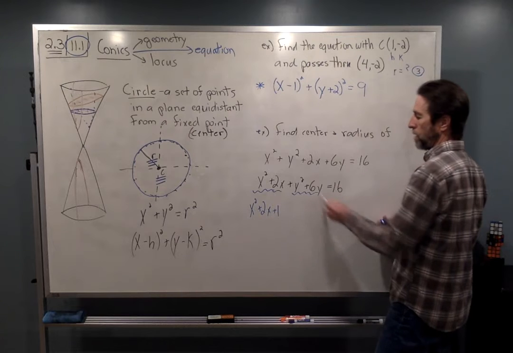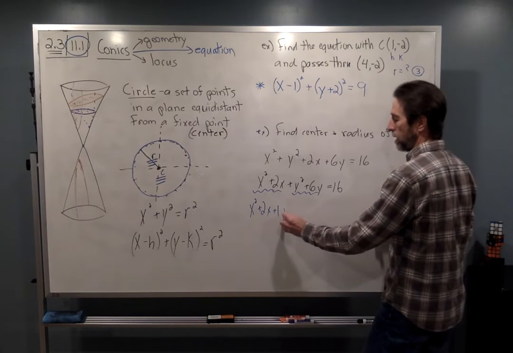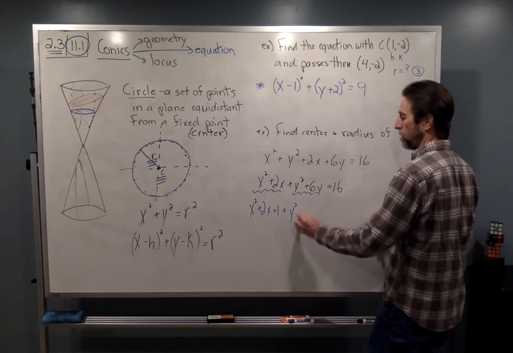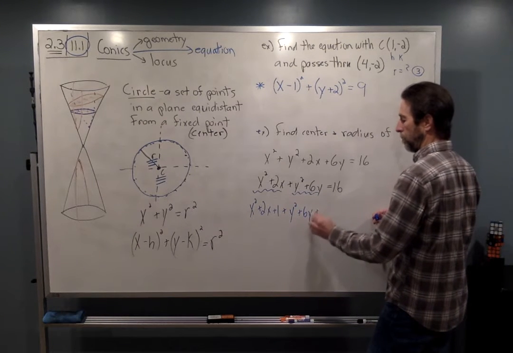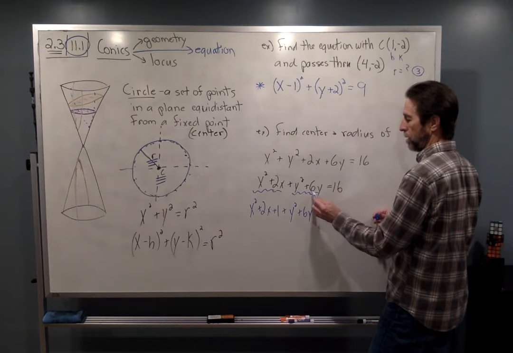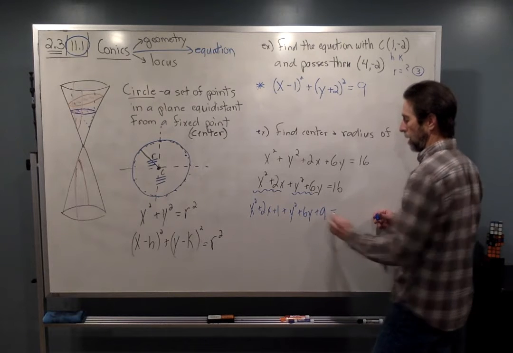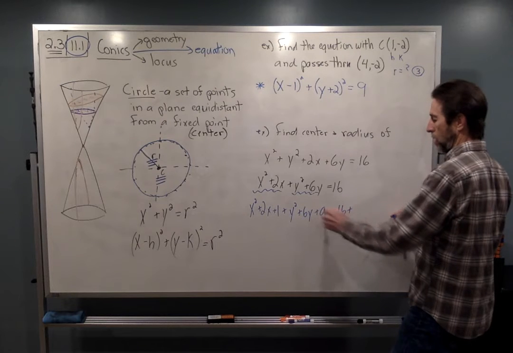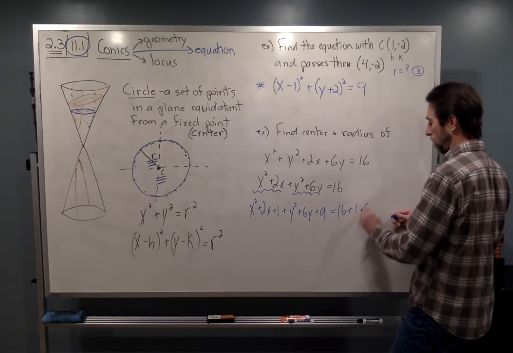Now in terms of the y squared plus 6y, same thing. Take half that, square it, and add it. y squared plus 6y plus, half of 6 is 3, square it, is 9, and add it. Now, of course, what we're going to do over here is also add the 1 and the 9.